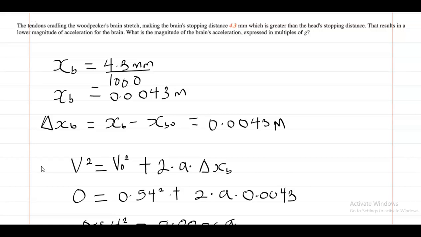So the head traveled a certain distance in a certain amount of time. Now the brain traveled a distance too, but moved for a larger amount of time, therefore reducing the acceleration of the brain.